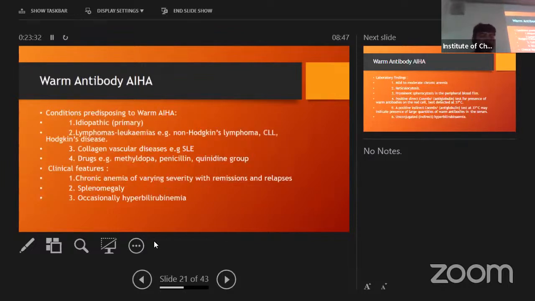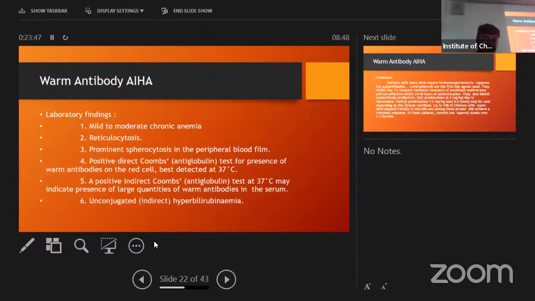Now, the conditions predisposing to warm AIHA are idiopathic causes, lymphomas and leukemias like non-Hodgkin's, Hodgkin's, collagen vascular disorder like SLE, drugs like methyldopa, penicillin, splenomegaly, etc. Now, the laboratory findings: mild to moderate chronic anemia, reticulocytosis, prominent spherocytosis, positive direct Coombs test, unconjugated hyperbilirubinemia, etc.